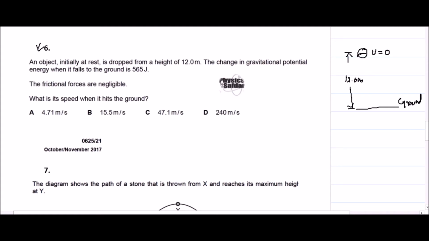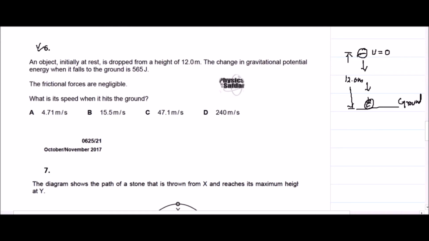Now, you know well, when an object moves down, it loses potential energy and gains kinetic energy. When it hits the ground, it loses all its potential energy, and that is converted completely into kinetic energy. Why? Because it is given that the frictional forces are negligible.